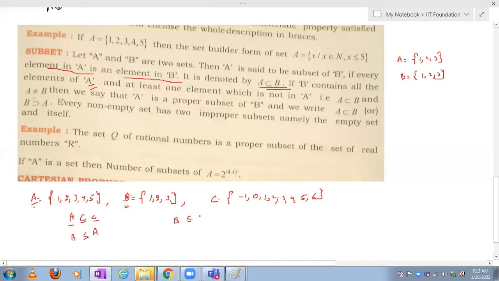B is a subset of C. B is a subset of A. B is a subset of C. That means A is a subset of C. Or reversely, we can say A is a subset of C.